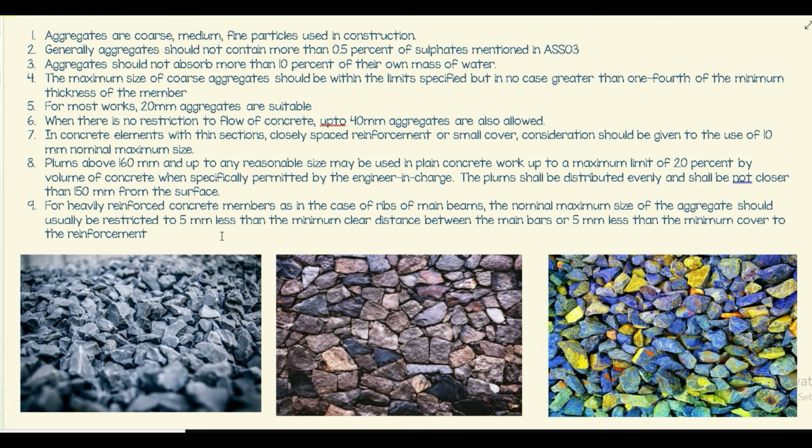Similarly, for the distance between the bars, it's usually about 10 centimeters or so, or usually about 20 centimeters. So the maximum aggregate size should be 5 mm less than that distance, so that the spaces between the rebars, and the space between the exterior cover and the rebars, are filled.